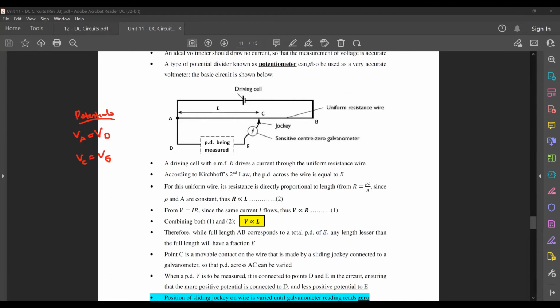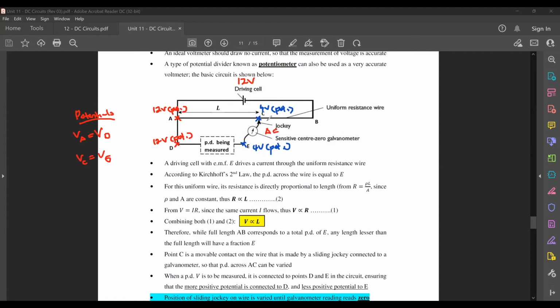So it could be that I tell you this one is 12 volts, then this point here is 12 volts potential, and this point here also has 12 volts potential. And if I tell you that this point here has maybe 4 volts potential, this point here also has 4 volts potential.